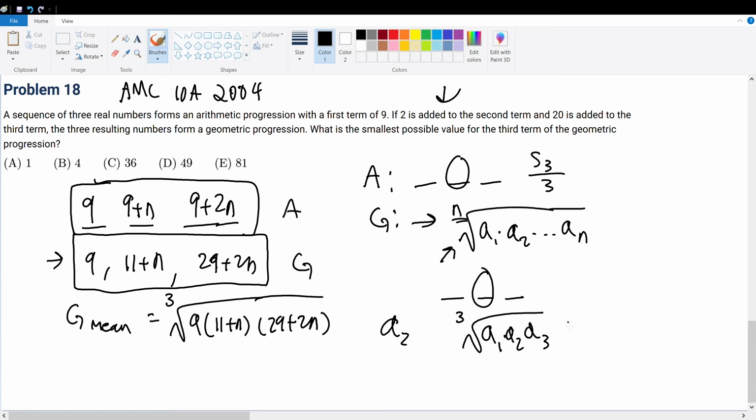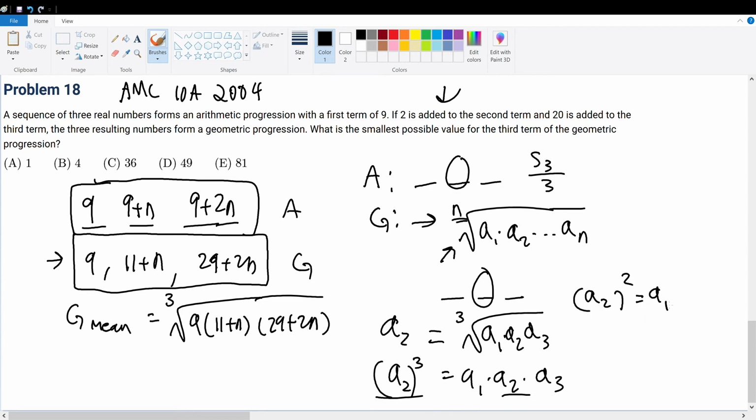If we set this equal to a2, we can raise both sides to the third power, so a2 cubed equals a1 times a2 times a3. We have a2 on both sides, so we can divide by a2, and that means a2 squared equals a1 times a3.